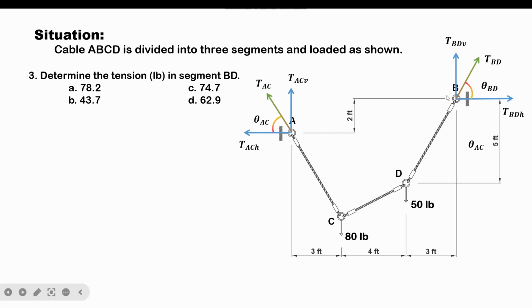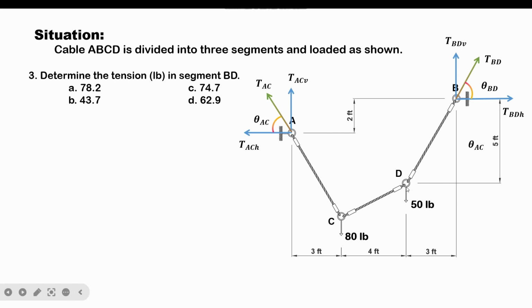So I would be considering here joint D. If I were to consider this joint, the connected segments here would be CD, and its tension is already known, as computed from the previous question. And the remaining segment connected to it is segment BD, which is the segment that we are after in this item.